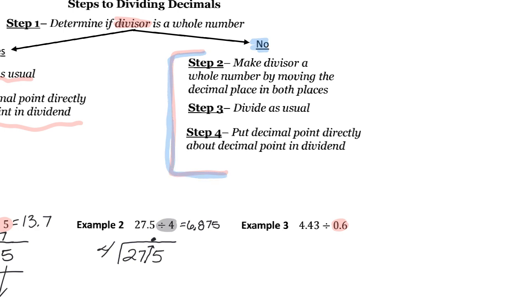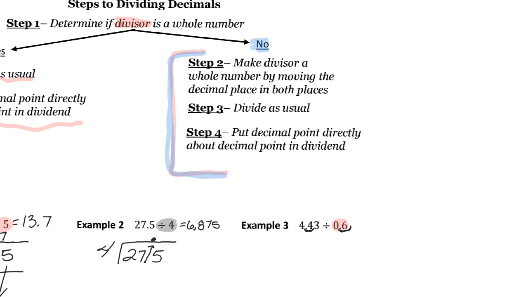So now we're going to make our divisor a whole number by moving the decimal place in both places. So in this first one, in order to make this 0.6 into a whole number, we move it over once. Okay, but since we moved over this one once, we have to move this one over once.